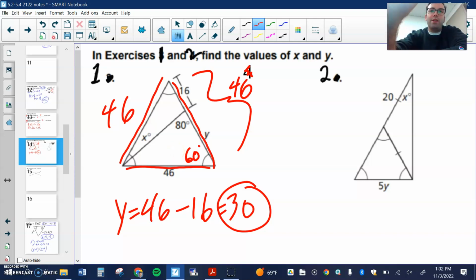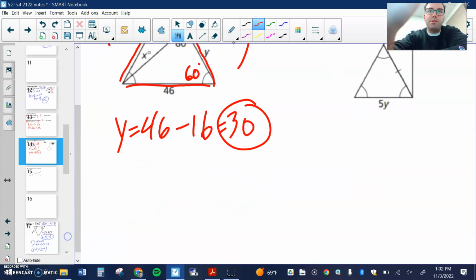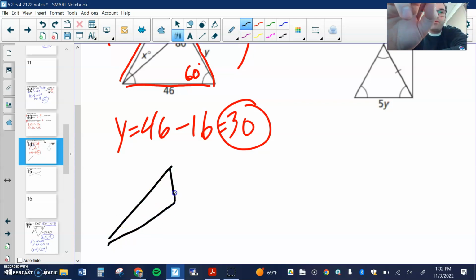I also know that if I have an equilateral triangle like this, every angle is 60, like I said before. Let's backtrack. If this is 80, then the angle adjacent to it, right next to it, has to be 100. We're finding x now. If that's 100 and this angle up top is 60, I'm going to redraw this because it's hard to see with my big fingers.